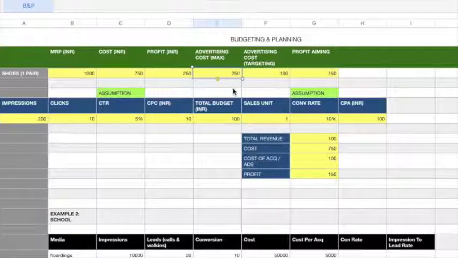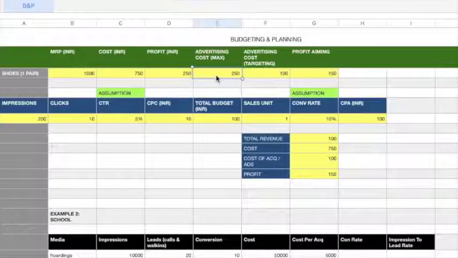So this is our first time, and you can see one scenario is that I completely compromise on my profitability and say that I am not going to earn a single penny out of it, in which case my advertising cost would be 250 rupees max. Since my profit is 250 rupees, I can spend a maximum of 250 rupees only, otherwise I'll be in losses.